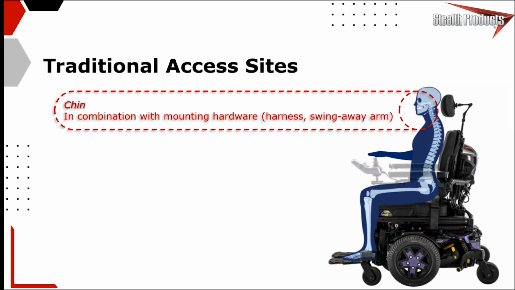So when we're talking about chin control, we have all these hardwares that more or less get the joystick in the same place. But if I come in from the front of the chin with that chin control joystick, more or less having the joystick itself horizontal, I'm using an up and a down of my chin, more or less a head nod, to drive forward and reverse.